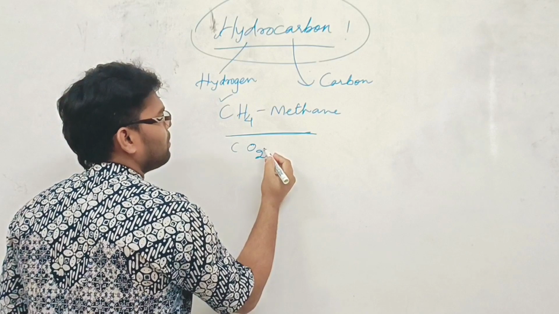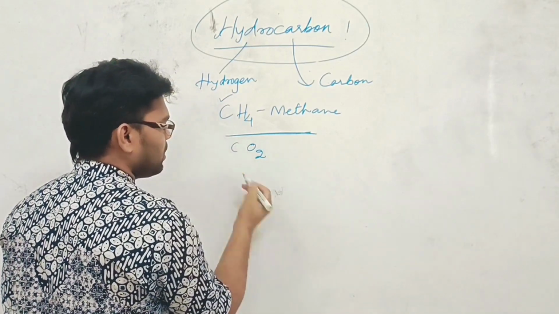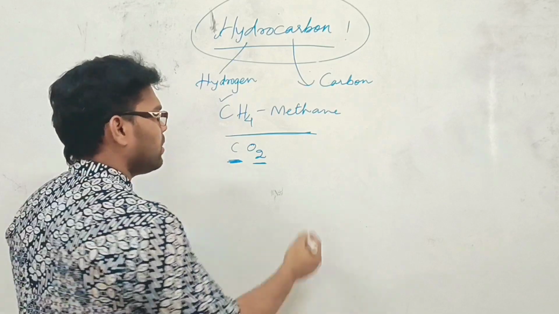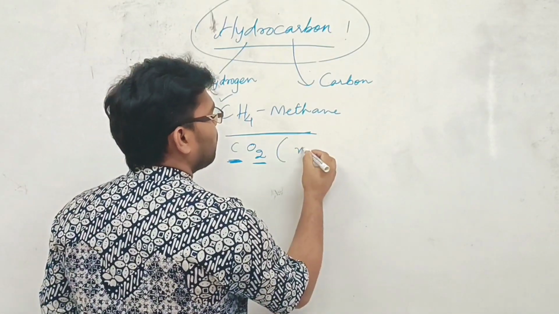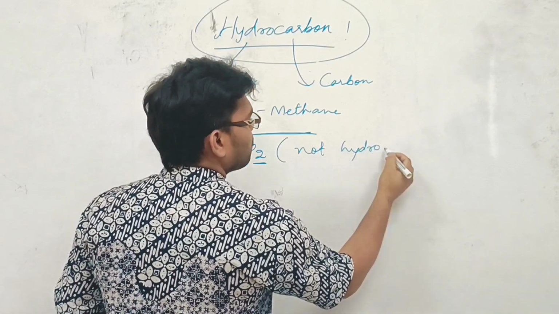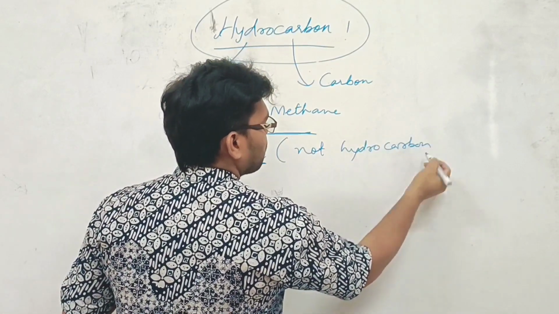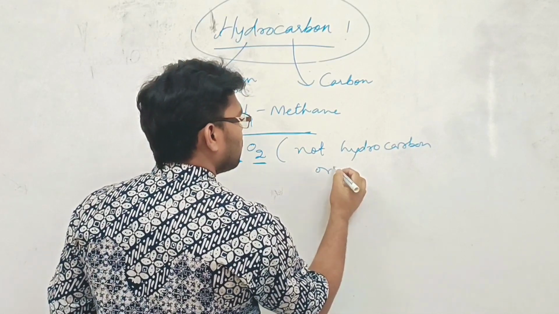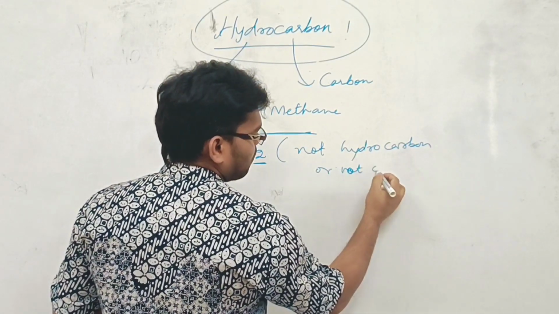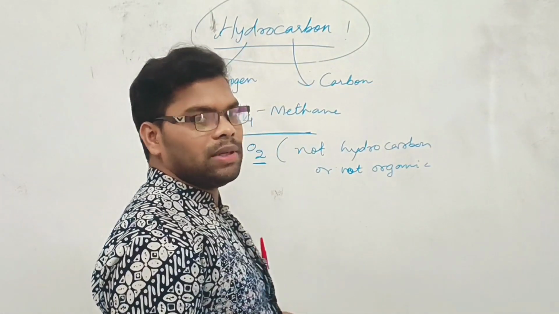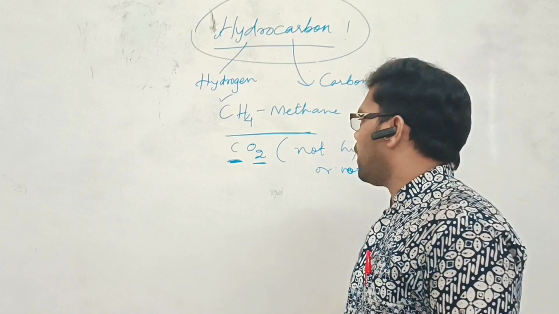Because here we don't have the hydrogen element. Carbon is there, but hydrogen is not there. So it's actually not a hydrocarbon, and not organic. An organic compound basically contains hydrogen and carbon.